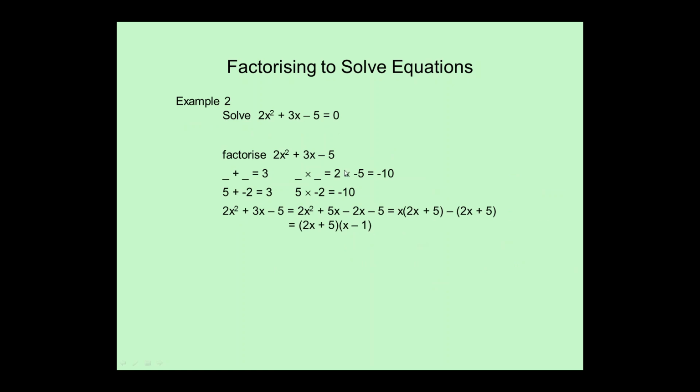This is what I want to show you. This little trial and error bit. Here, when they've got a number in front, they're trying to find 2 numbers that add together to make the 3, but they now want 2 numbers that multiply together to make not just the minus 5, but, because you've got this number at the front, you multiply by that number at the front.